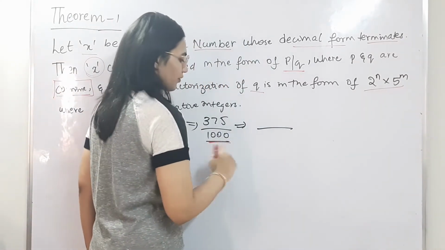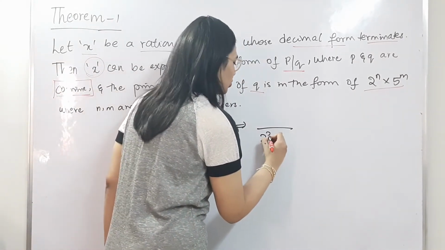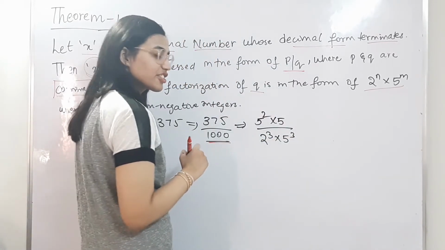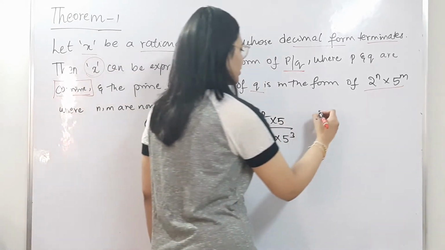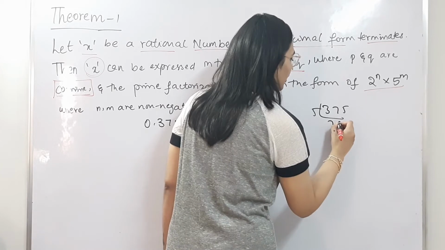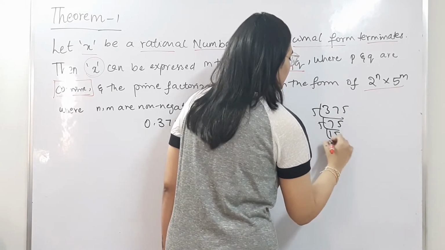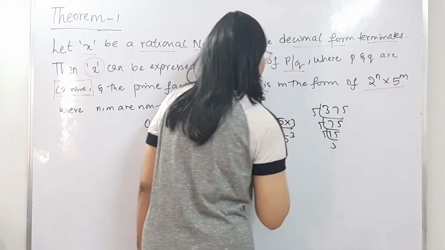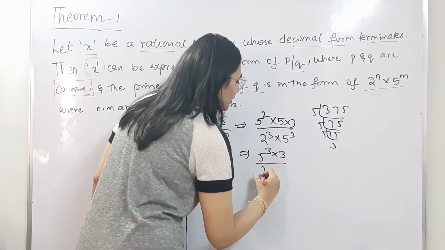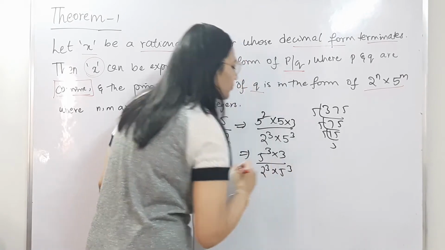We have seen that the prime factorization of 1000 is 2 cube into 5 cube. What is the prime factorization of 375? 375 can be written as 5 7s are 35, 75, 5 15s are 75, 5 3s are 15. So, can we not write this as 5 cube into 3 by 2 cube into 5 cube?